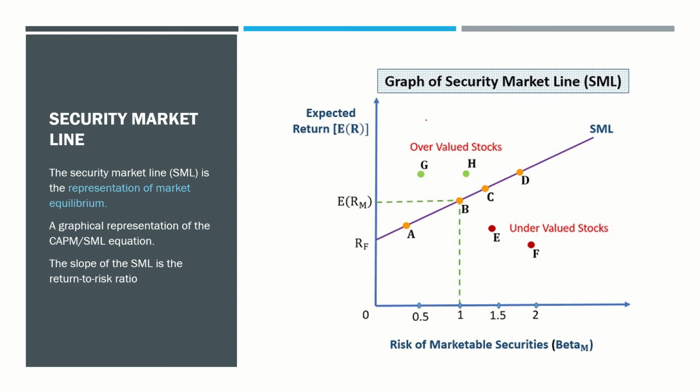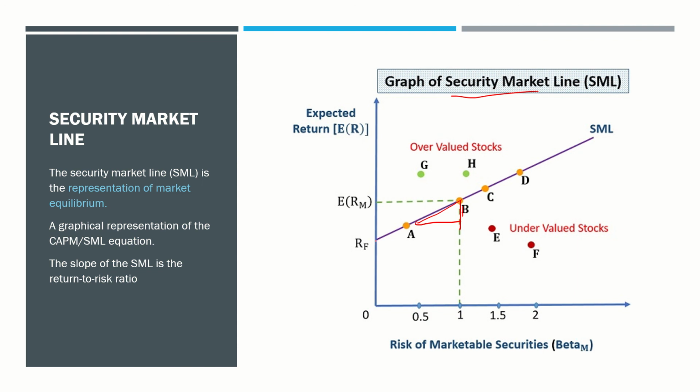So representation of CAPM tadi dikenali sebagai security market line. Security market line is the representation of market equilibrium, a graphical representation of CAPM. The slope of the SML is the return to risk ratio. Jadi ni slope dia kan.